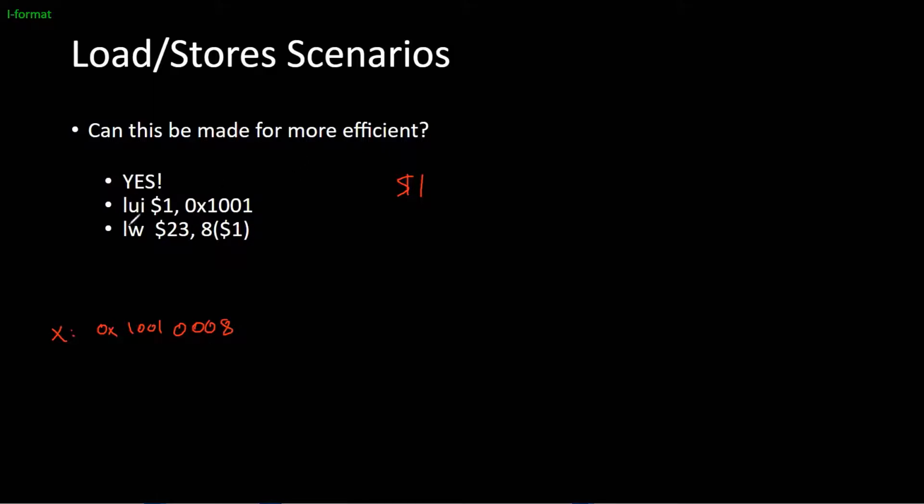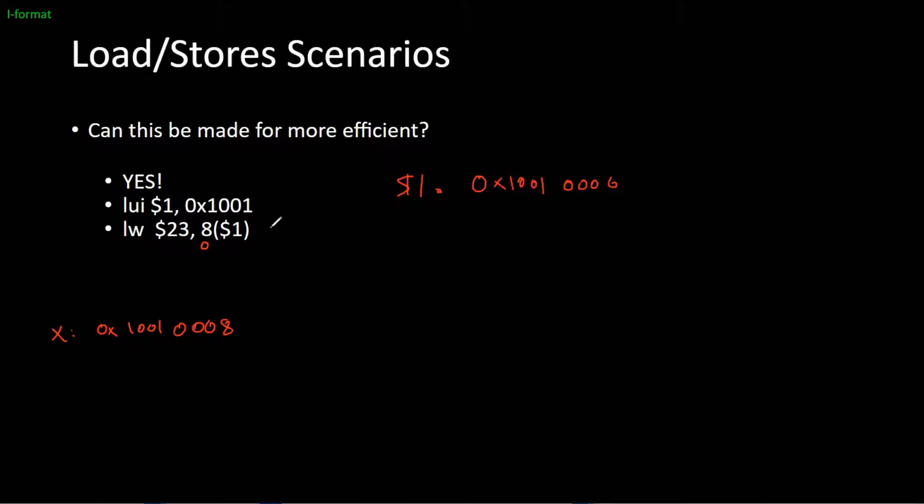You can do this in 2 instructions. First, you just load that upper part into register 1, so register 1 is going to be 1001, 0000. And then when you are doing your load word, remember that in the other case, we had the OR here, and then we had 0 as an offset.